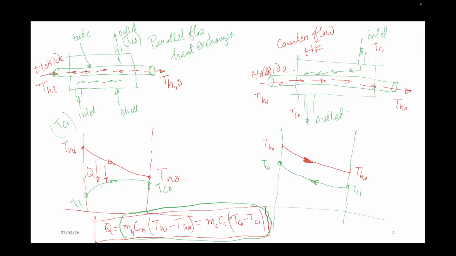So this mass flow rate is a constant in the general case, right? The mass flow rate of the cold side is also a given parameter. So if those are given parameters, how many variables are there? Four variables are there, right?